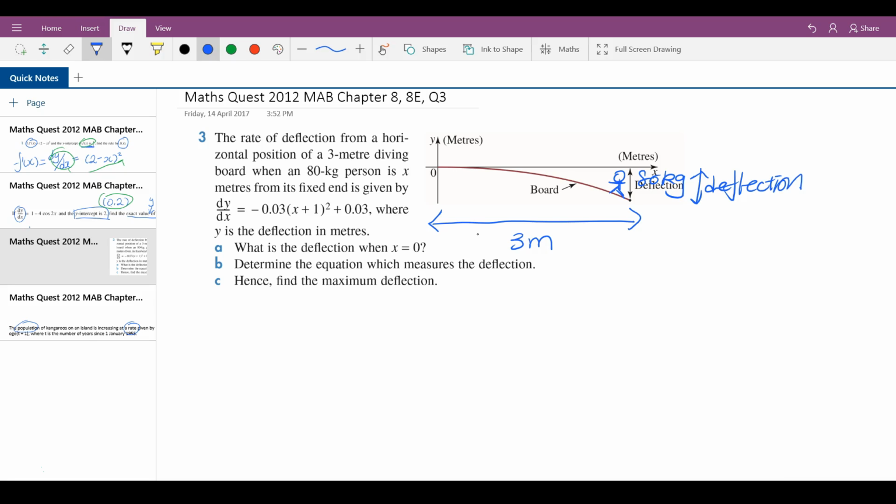So he's x meters from this fixed point. I suppose that is also x meters away from the fixed point. So this is the x, how far away he is from the fixed point here.